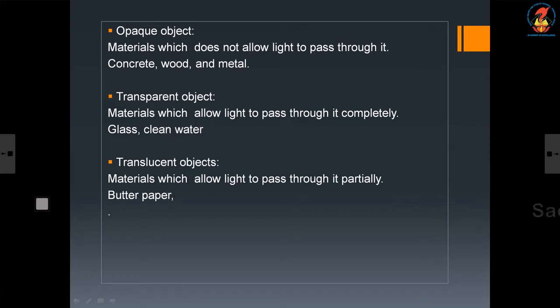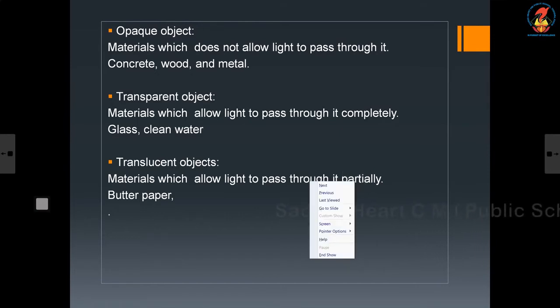Translucent objects: materials which allow light to pass through them partially.